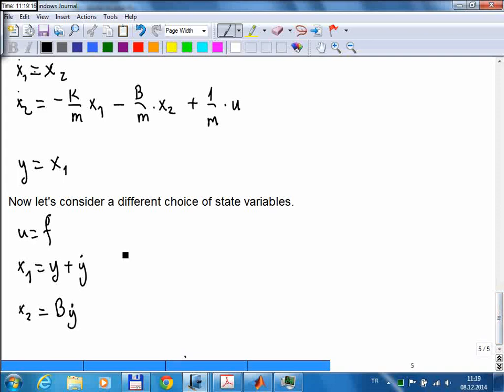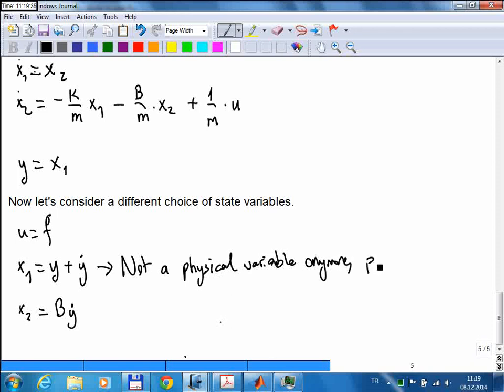And as I said before, this is not a physical variable anymore. So it's just position plus speed.